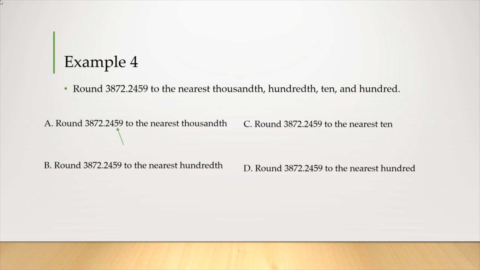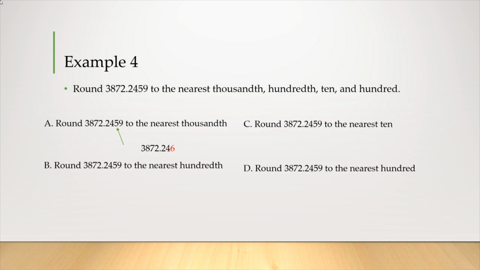The thousandths place is there, so we look at the digit to the right, and since it's 5 or up, you're going to round up. So it's going to change to a 6. So now it's 3,872 and 246 thousandths.